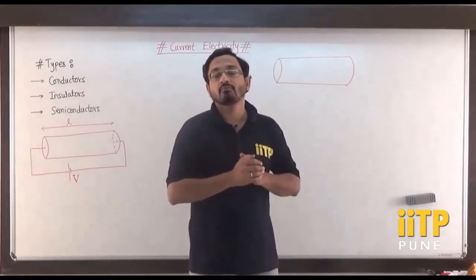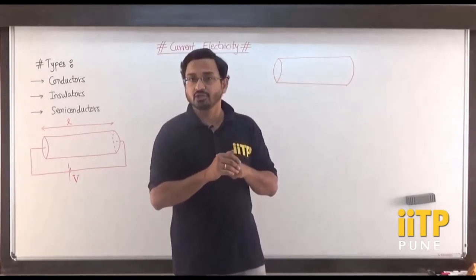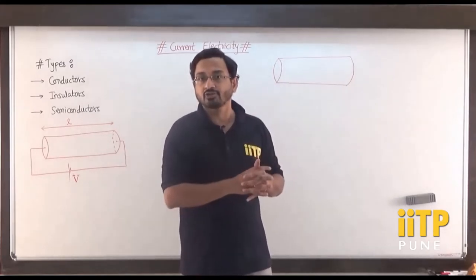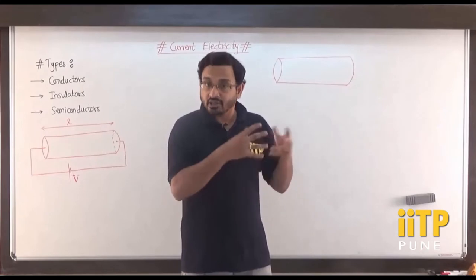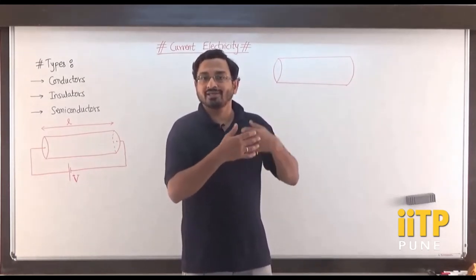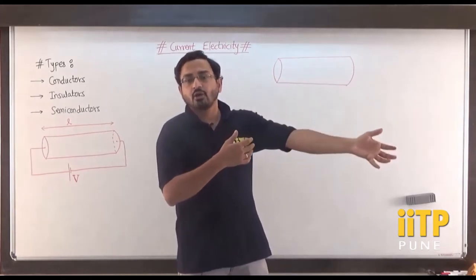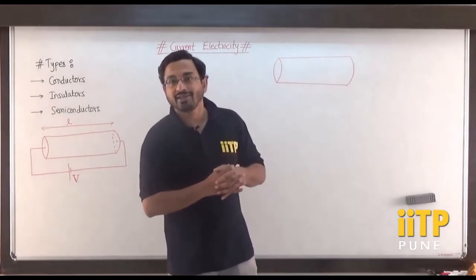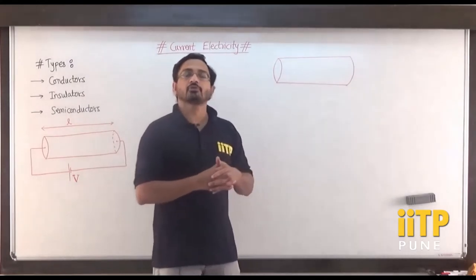They are moving because they have thermal energy, which comes from the surroundings, or the temperature of the material. That temperature gives thermal energy to the electrons, and then those electrons are moving absolutely randomly.